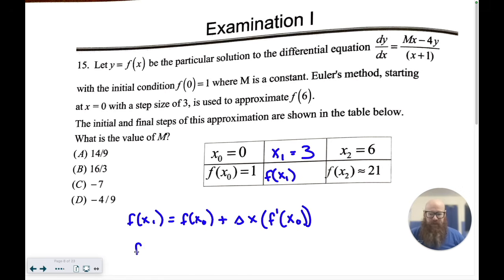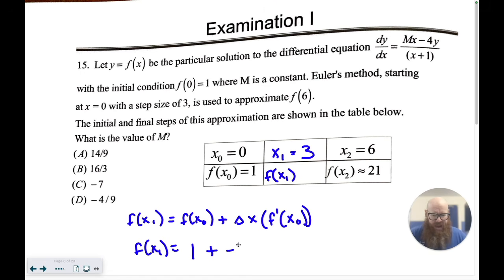So f of x sub 1 is going to be, well, f of x sub 0. So when I sub in 0, I get 1. And then delta x is when I plug in the point to the differential equation. Well, when I plug in 0, 1, up here I get negative 4, and down here I get 1.